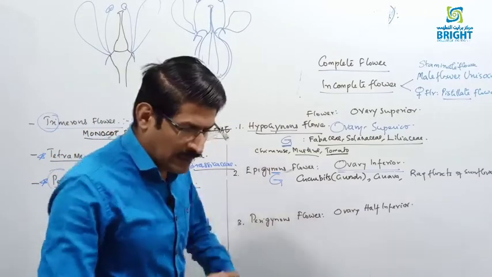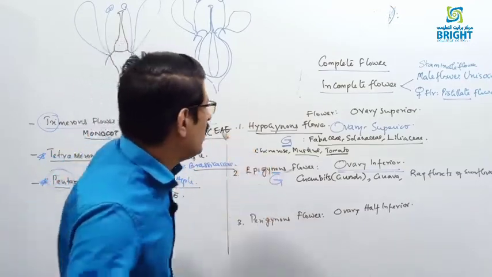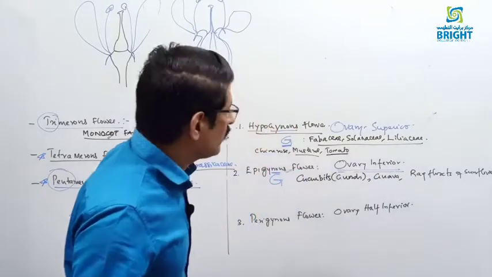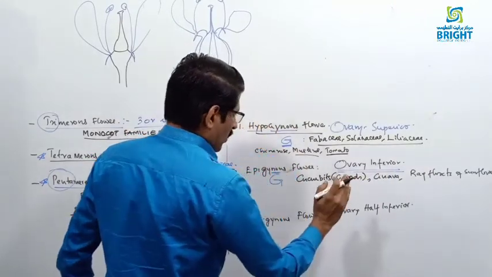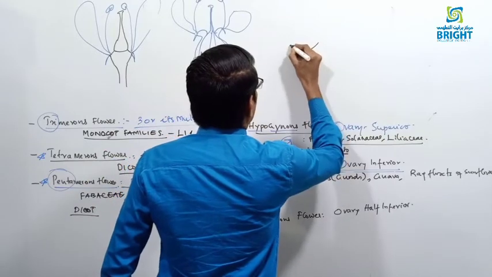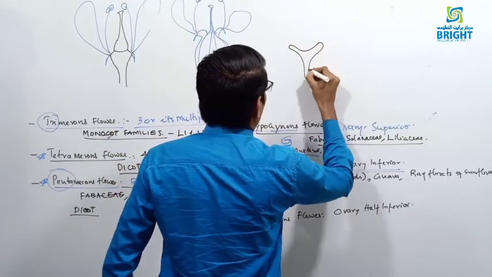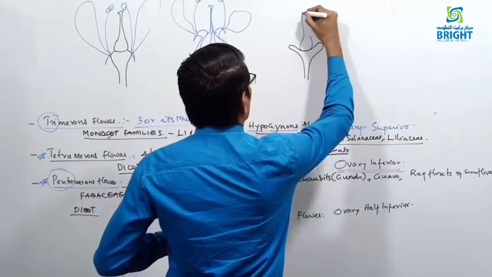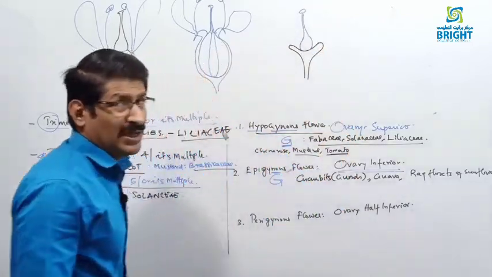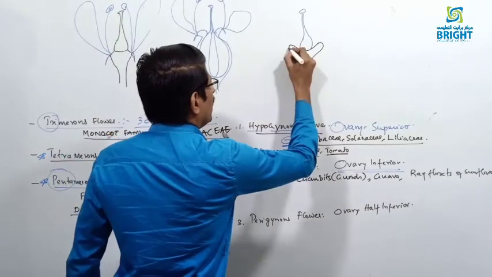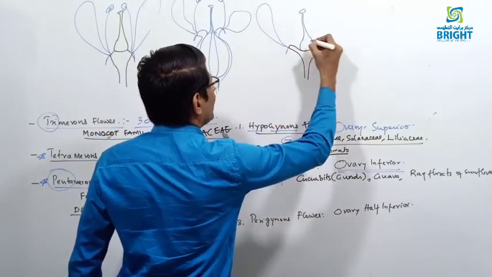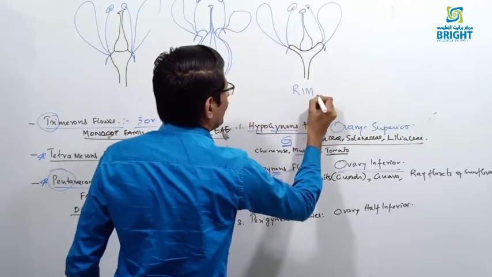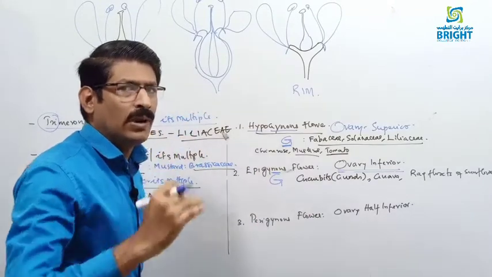And the third one, that is in between hypogynous and epigynous, and in this case, the thalamus is somewhat discoid in shape, and the ovary occupies the middle of the thalamus, in the center of the thalamus, and all other floral parts develop around it on a rim at almost the same level.